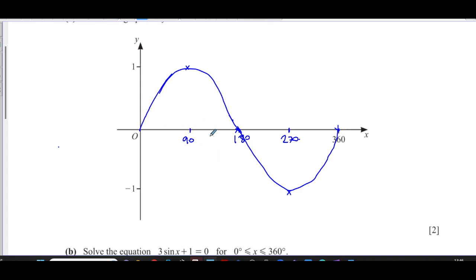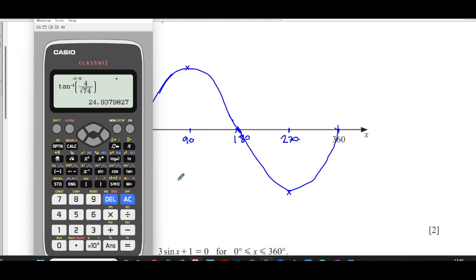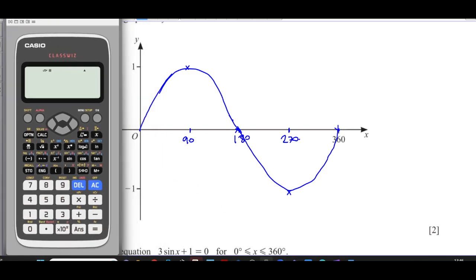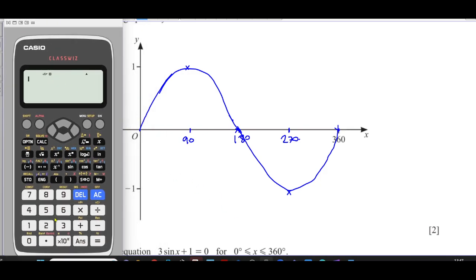Now, if you forget what the sine curve looks like, take your calculator, make sure it's in degree mode, and you can say the sine of 0 is 0, the sine of 90 degrees is 1, and you can go to 180 and you'll see that gives you 0 again.